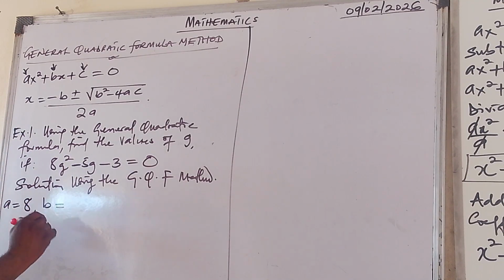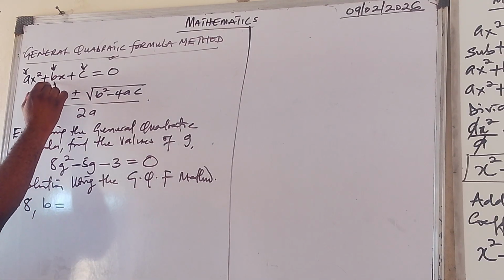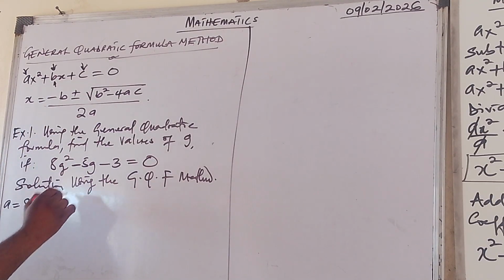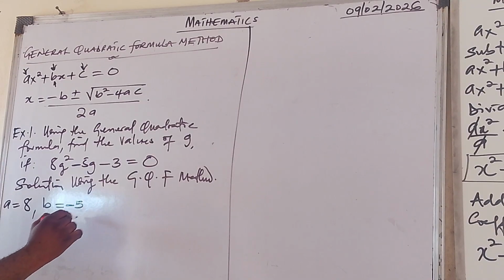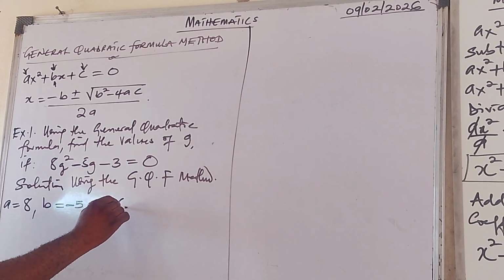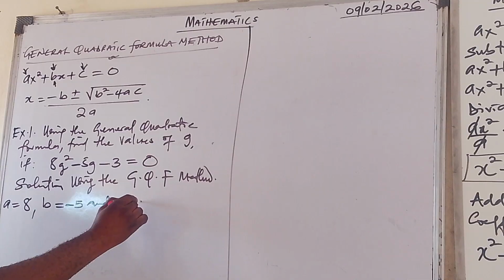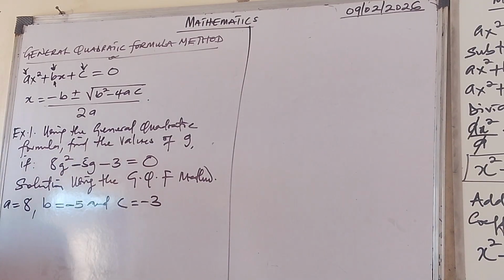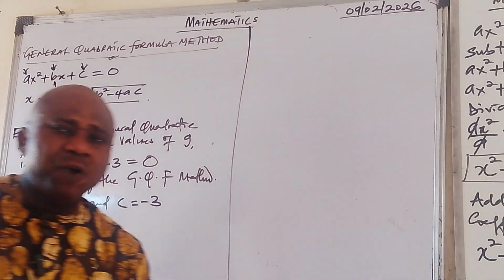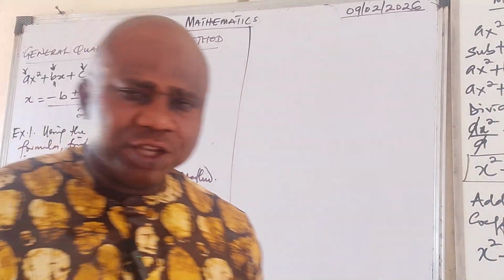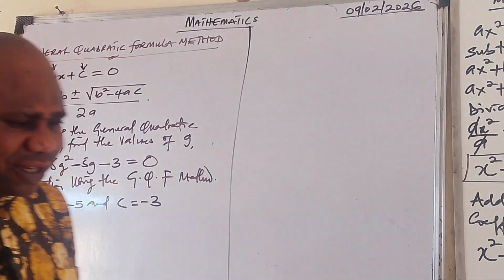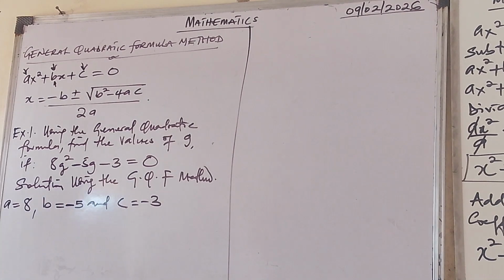Now let's see the value of b. What is attached to x here is b, and what is attached to g here is minus 5. So b is minus 5. And c is the constant term, which is equal to minus 3. Now that we have identified a, b, and c, the next step is to bring out the formula.